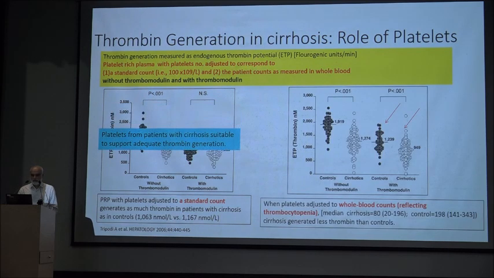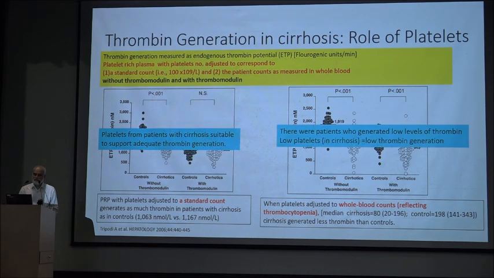But when platelets are not adjusted, that means they reflect the actual thrombocytopenia, then there is a problem. Then in cirrhotics, the potential to generate thrombin is less. So what does it teach us? That low platelets in cirrhosis may equal low thrombin generation. So it is not that the potential is low, but the actuality is low, the potential is there.